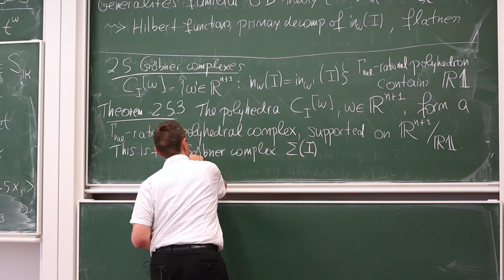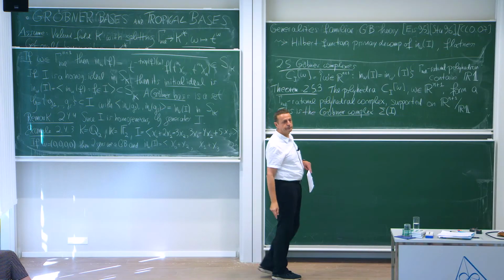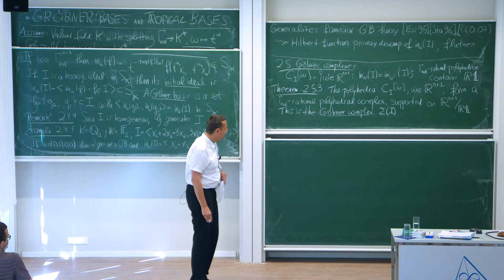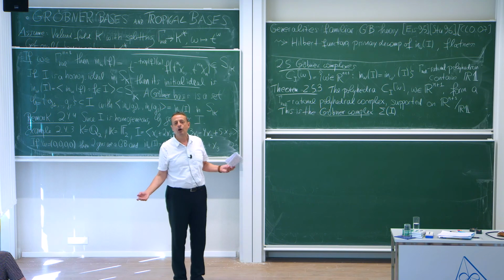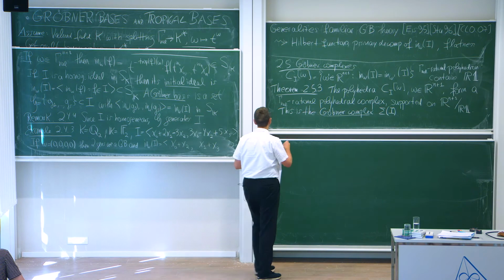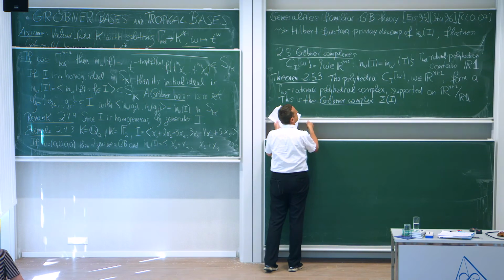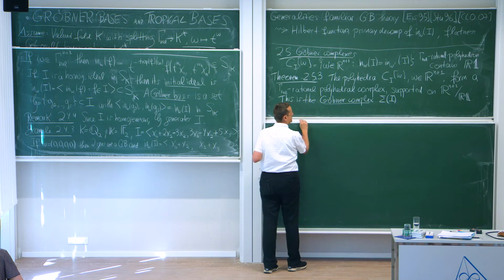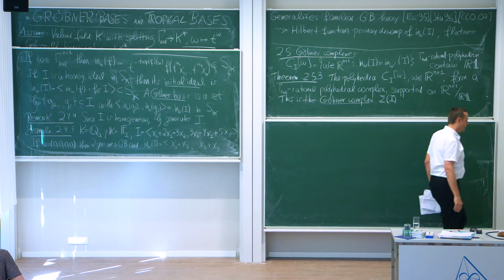So every ideal defined over the field with valuation comes with its own decomposition of this n-dimensional space, and this decomposition is the Gröbner complex. Let's see an example. And maybe we'll do the example on the left side.